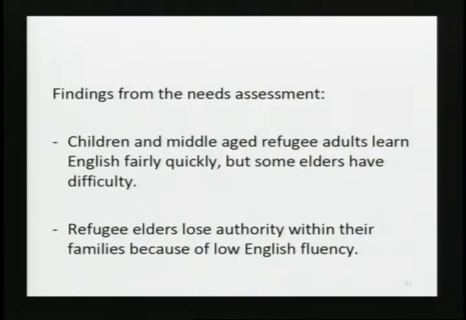What happens is that the elders in the family are dependent on other people, younger people, children and grandchildren, to translate for them in their new country. And as a result of this dependency, the elders in this refugee community were losing authority within their family.